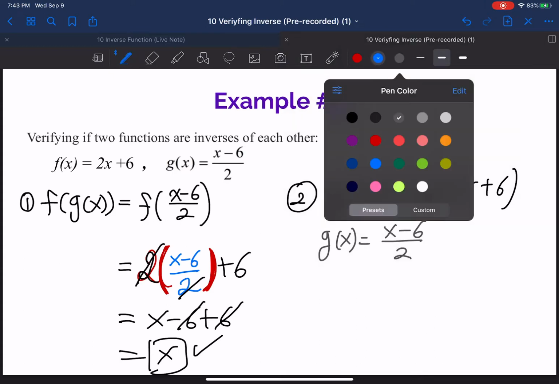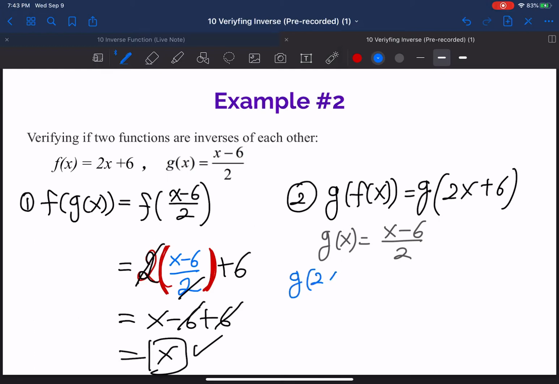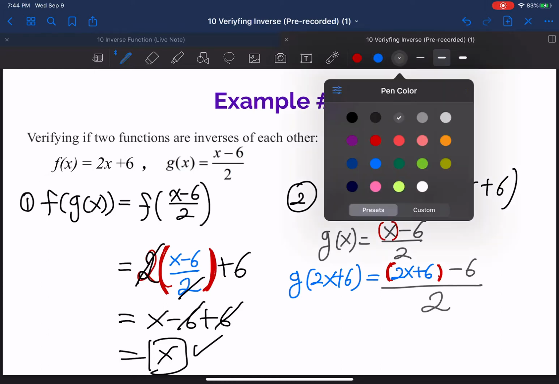So to find g of 2x plus 6, I am going to put the parentheses around x, this one, and then copy everything down, minus 6 over 2. And now I'm going to replace my x with 2x plus 6. And that's it. We have to simplify.